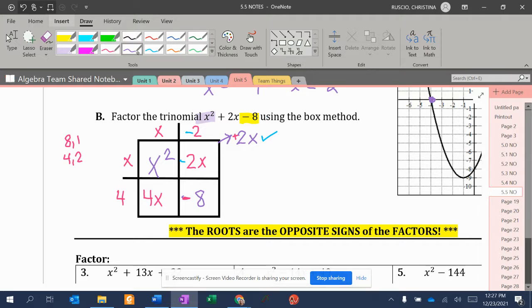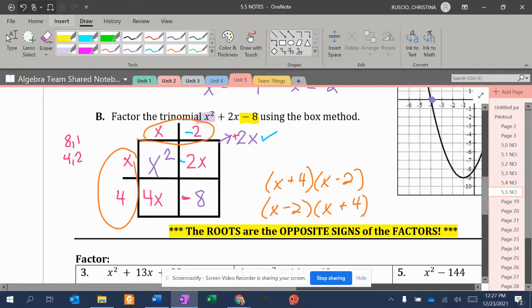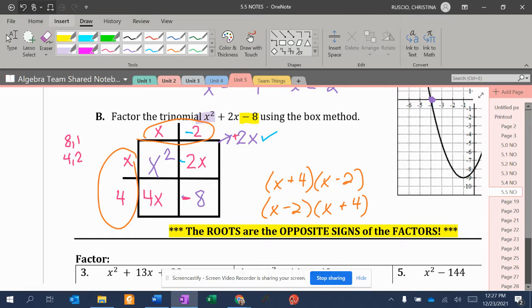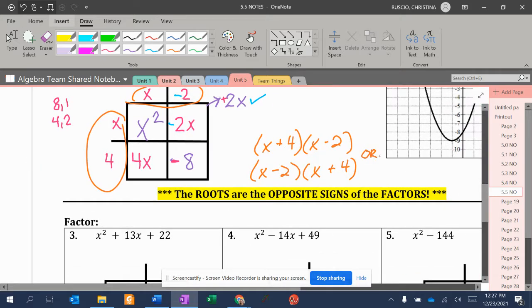So my answers, you know how we used to have our answers from the middle of the box? Our answers come from the outside. X plus 4 all times x minus 2. And we could actually write this as x minus 2 all times x plus 4, because it doesn't matter what order you multiply in, because if we generalize it, 3 times 2 is the same as 2 times 3. So either one of these is the correct answer.